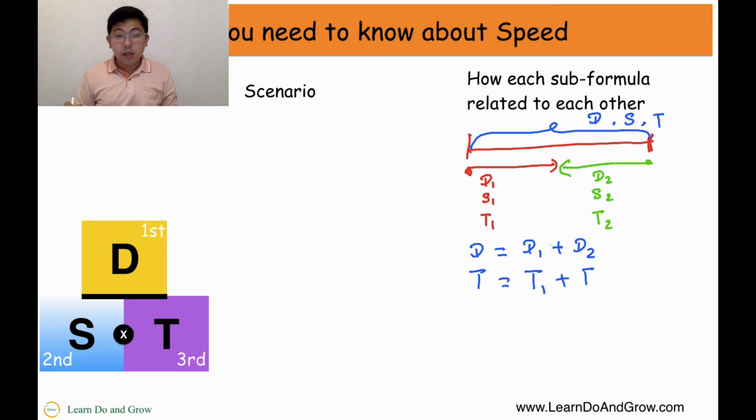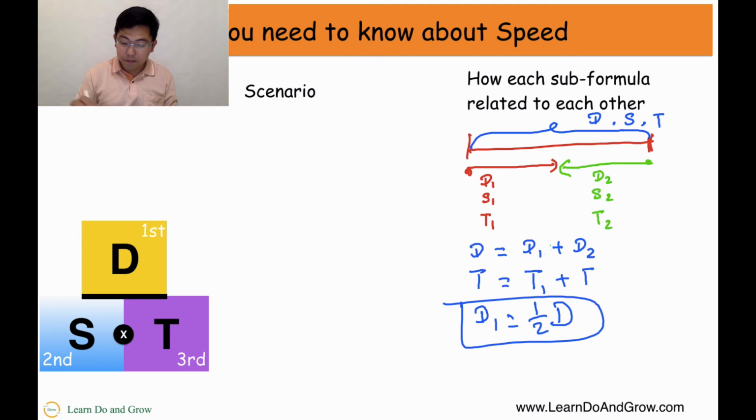One more part. Sometimes in a question, they don't tell you exactly what D2 is, meaning the distance for a certain part of the journey or the distance for the other part of the journey. They might just say that, okay, for the first half of the journey, meaning, what does it mean? Meaning the first half is 1 over 2 of the total distance.